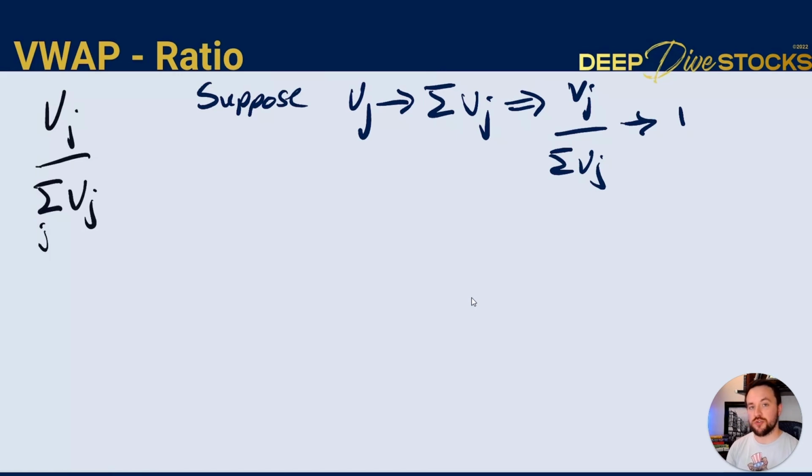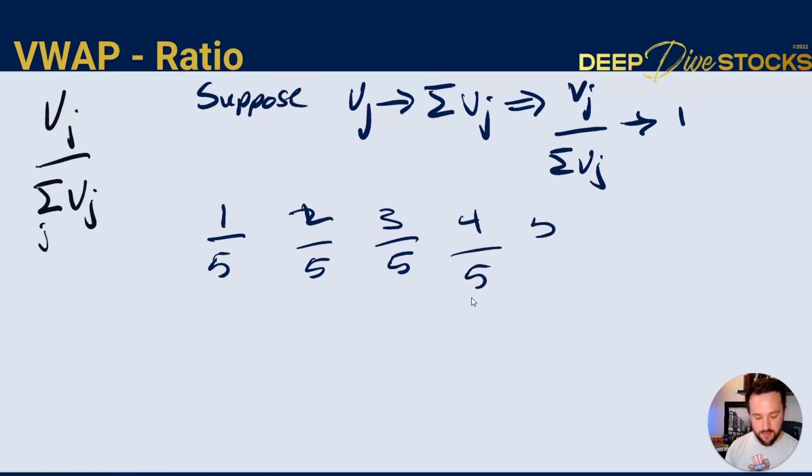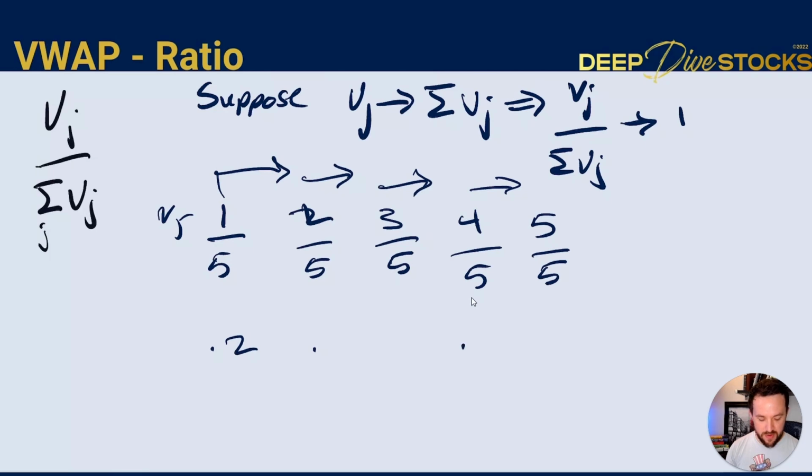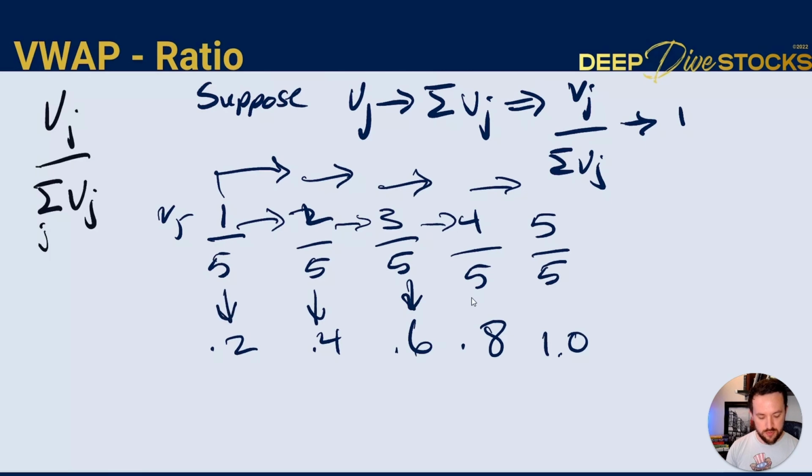As VJ gets closer and closer, we can think of it like this: 1 over 5, 2 over 5, 3 over 5, 4 over 5, 5 over 5. As VJ, which is this top line, increases, we see that this ratio, 0.2, not 2, oh wait, it's 5, right? So 0.4, 0.6, 0.8, 1. So as VJ gets bigger and bigger, the ratio approaches 1.